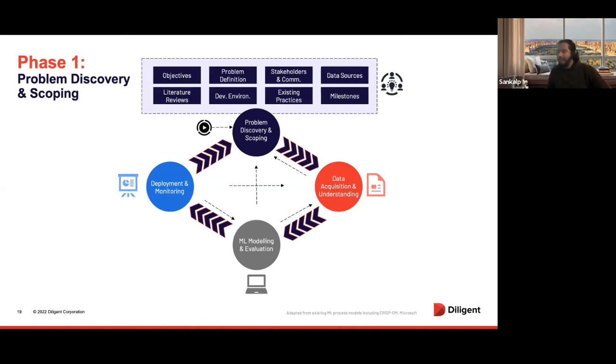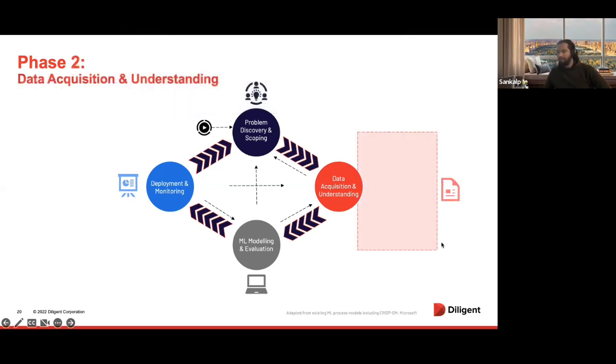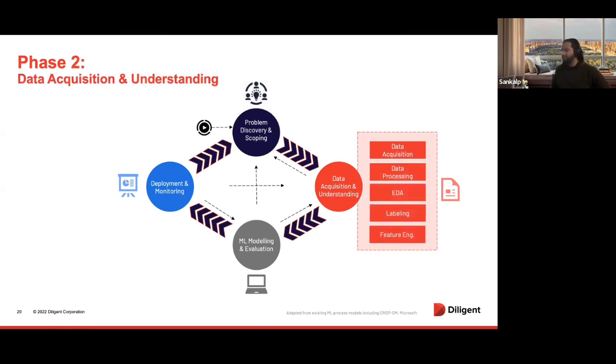So once you have that, you move on to the next phase, and as we just saw, it's all about data acquisition and understanding, right? So what you would do here is gather every data point that is relevant, explore it, and prepare it for the downstream machine learning task, right?